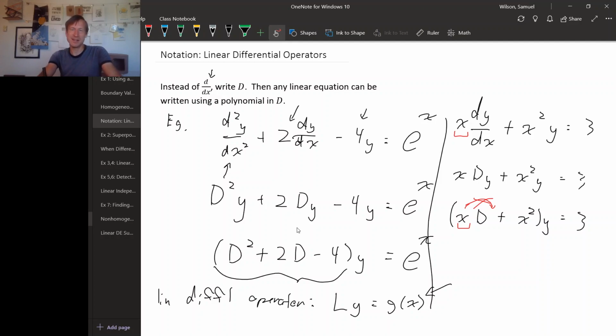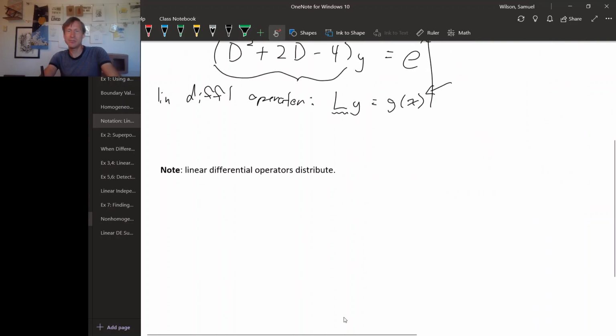Another nice thing about linear differential operators is that they distribute.